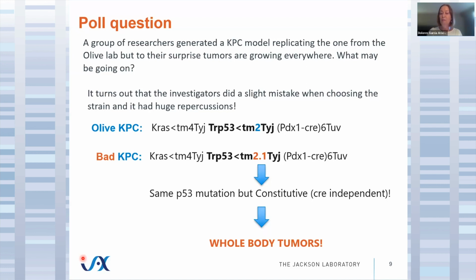But they bought from the Jackson Laboratory the one that said TM2.1 instead of 2. And that one had the stop flox cassette already deleted in every tissue. So that means that for the P53 mutation to express, it did not need Cre in any tissue. It was just expressing. And so that was the explanation for why this lab started seeing tumors everywhere in the body in their offspring.